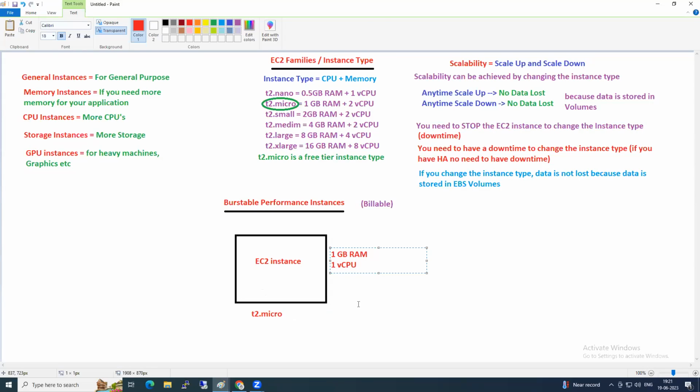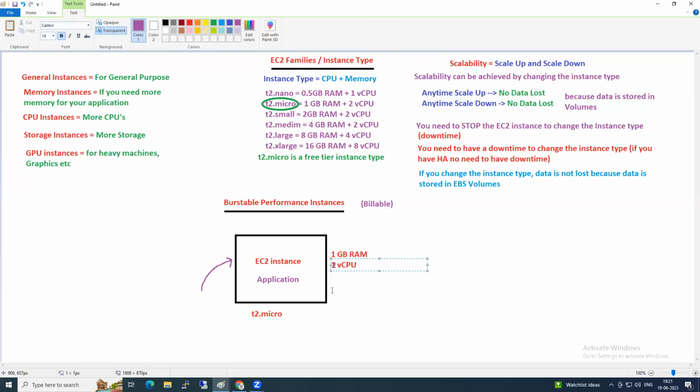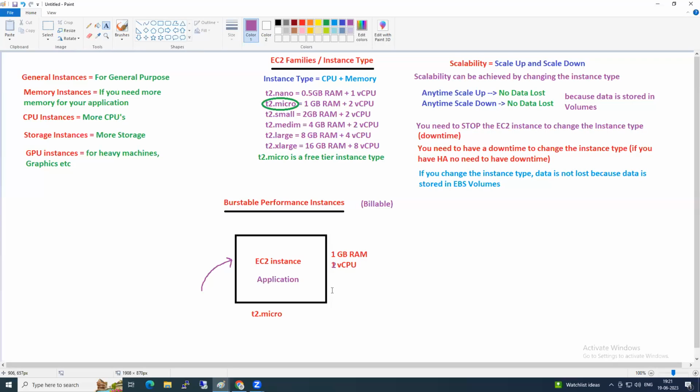Now you have some application inside this machine, and you're getting a lot of traffic to this EC2 instance. Let's take 2 CPUs, I'm just giving an example. If you get huge traffic, are these 2 CPUs sufficient?